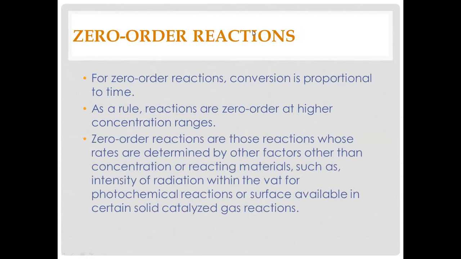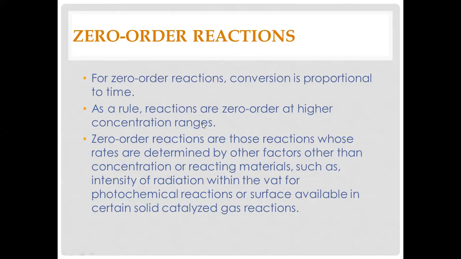It's written also here that as a rule, reactions are zero order at higher concentration ranges. Again, going back to the previous notes that I have placed in the slides. It's just like zero order at higher concentrations because the rate is not anymore dependent on the concentration of the species, which has a very high concentration. So zero order reactions are those reactions actually whose rates are determined by other factors other than concentration.